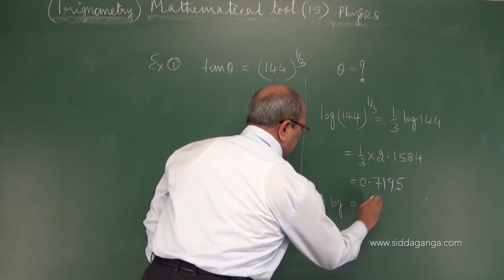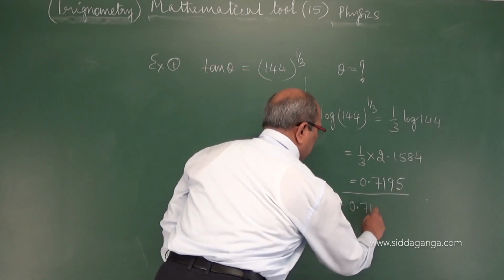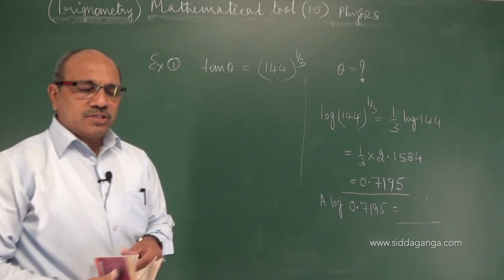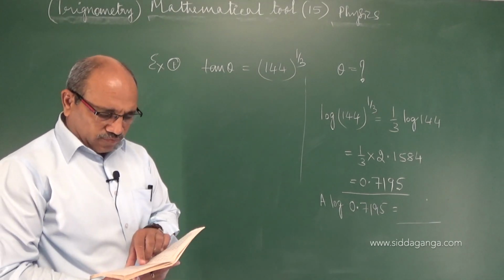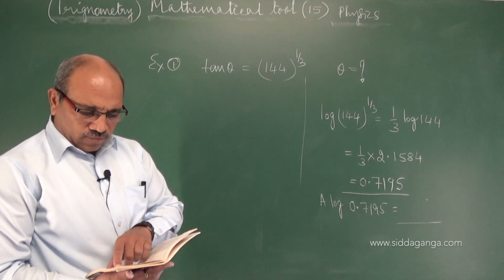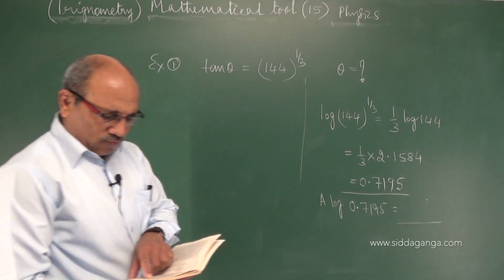Anti-log of this, if you find the anti-log of 0.7195, you have to see the characteristic part, no, only the mantissa. 7195, 71.9, 5236, for 5 it is 6, 42, 5242.